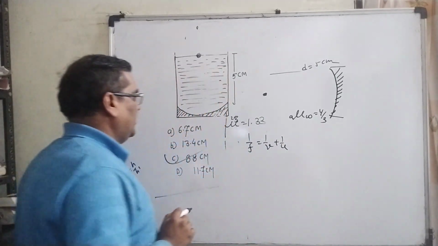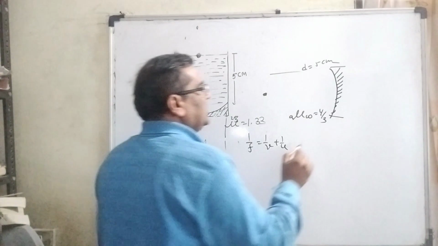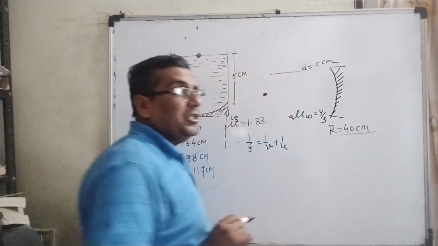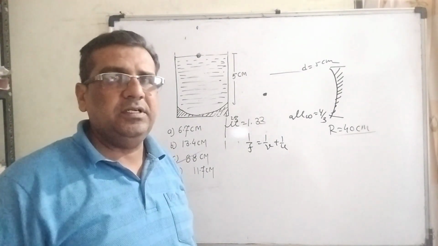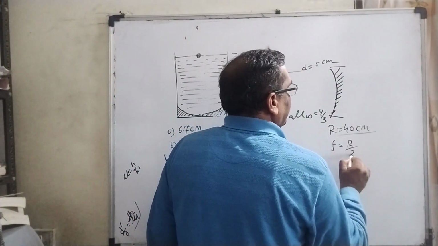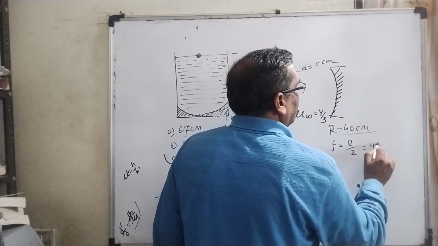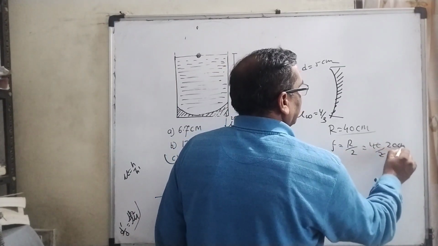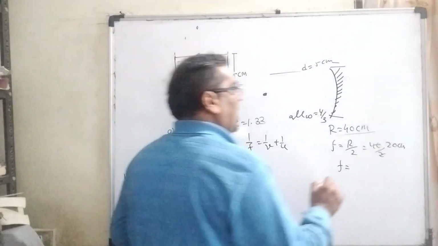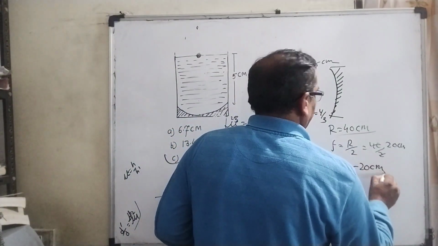As you know, you are given R equal to 40 centimeter. What is the relation between the focal length and radius of curvature? It is just half. Focal length is half of the radius of curvature, so it becomes 40 by 2 means 20 centimeter. But by using the sign convention rule, it becomes minus 20 centimeter.